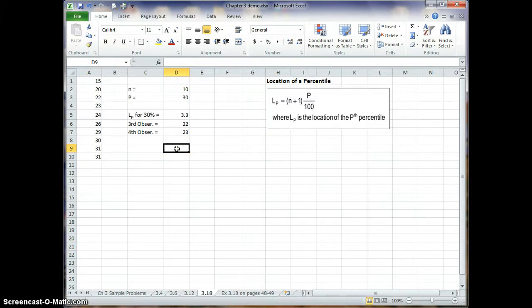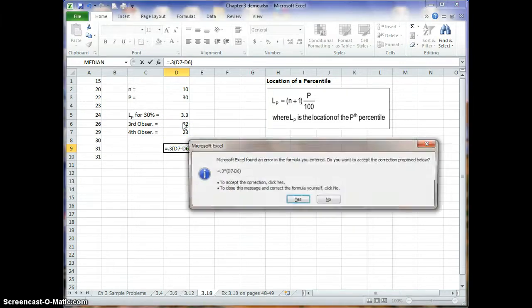So let me show it to you. Equal to 0.3, because that's the difference there, 3.3. So it's the third observation and 30% more. D7 minus D6, close.